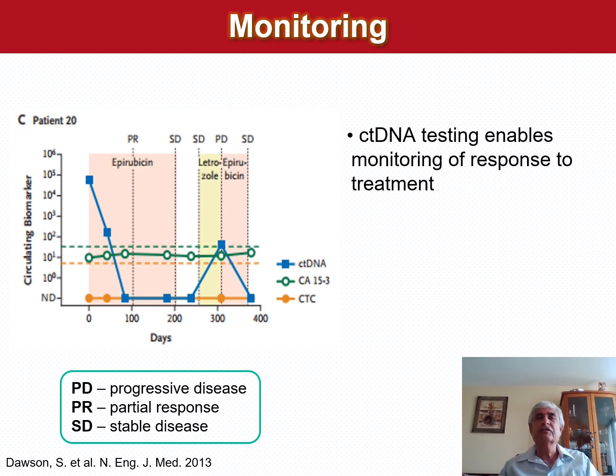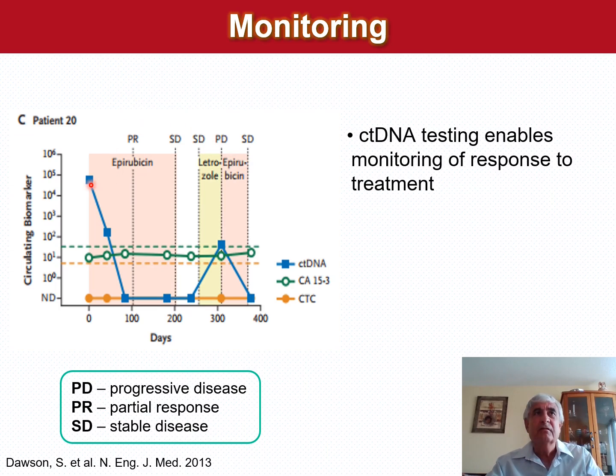Like other tumor markers, circulating tumor DNA can also be used to monitor the progression of the disease, and this is an example with a breast cancer patient who has been treated on various occasions with epirubicin, letrozole, and epirubicin.